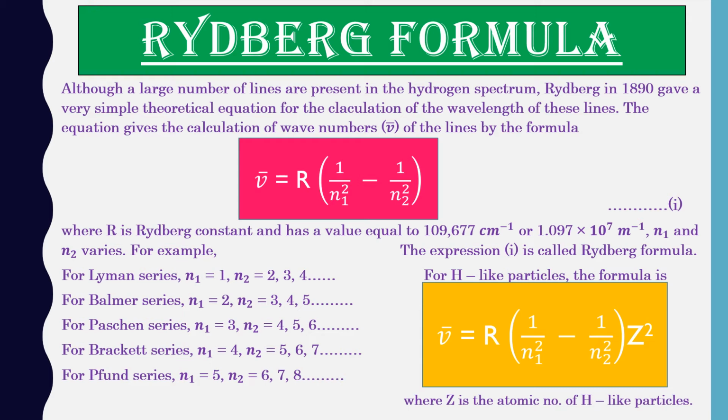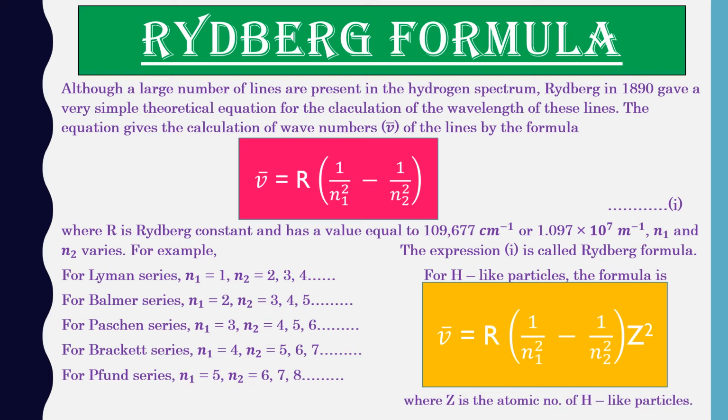We can denote it as nu bar, the wave number, equals capital R times (1 by n1 square minus 1 by n2 square), where R is called the Rydberg constant and it has a value of 109677 per centimeter, or we can write it as 1.097 into 10 to the power 7 per meter. n1 and n2 are whole numbers, and for a particular series n1 is constant and n2 varies.